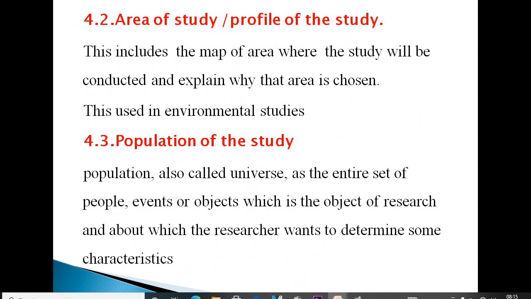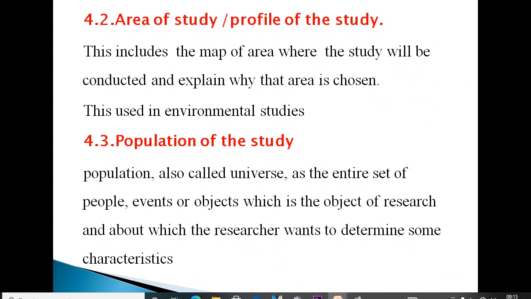After presenting the research design, the researcher presents the area of the study or the profile of the study. This may include the map of the area where the study will be conducted, and they explain why that area is chosen. This is used especially in environmental studies.